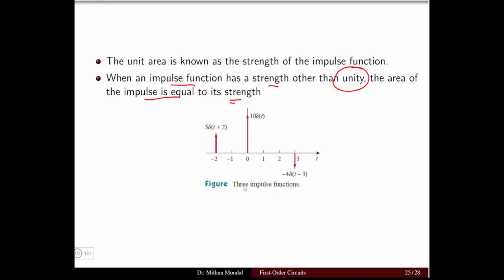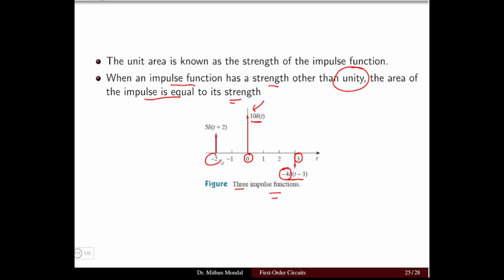Now here let us see three impulse functions. One impulse function is at time t equal to 0, that is 10 δ(t). 10 δ(t) means the strength is equal to 10. The other impulse function at time 3 seconds is minus 4 δ(t minus 3), so it is having minus 4 as the strength.